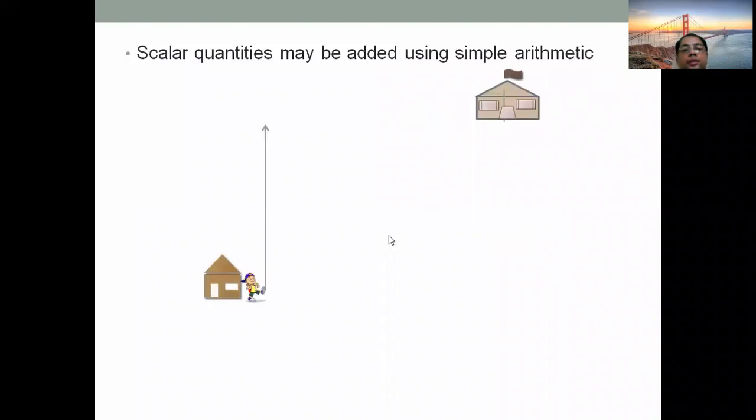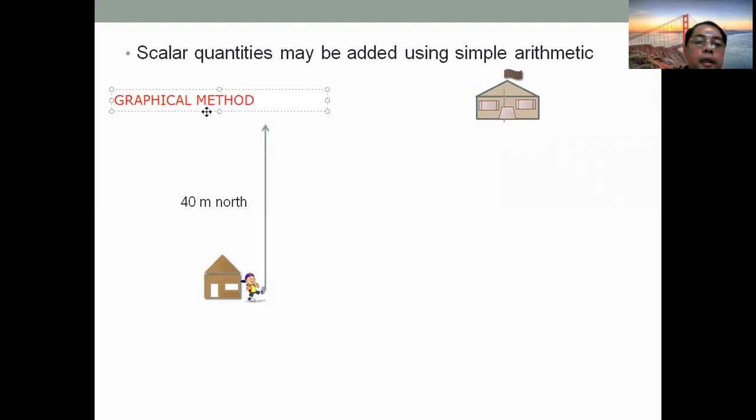Now again, here is our situation about that student who goes to school. First, from their home, he walks 40 meters north. And again, you can use your ruler and protractor to scale the drawing so that you can properly indicate how much the 40 meters is using your ruler. So maybe by the graphical approach, using ruler and protractor, we also need to use some kind of a scale.